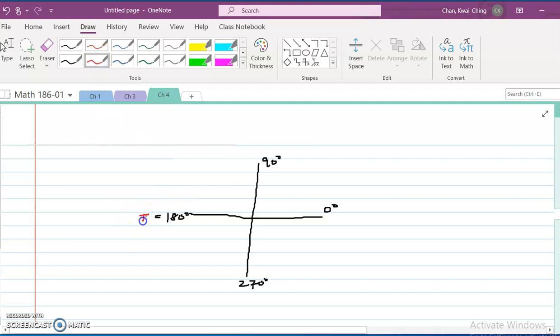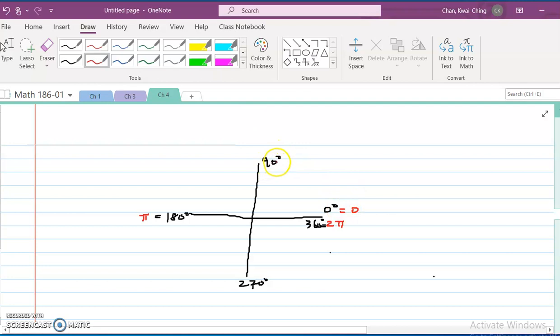This is pi. This is 0, and 360 degrees is 2 pi. And of course, 0 degrees is 0 radians.